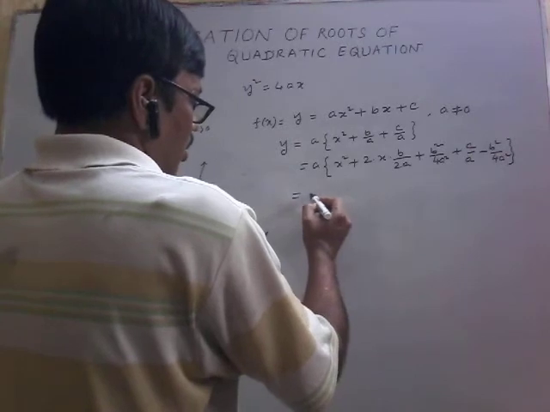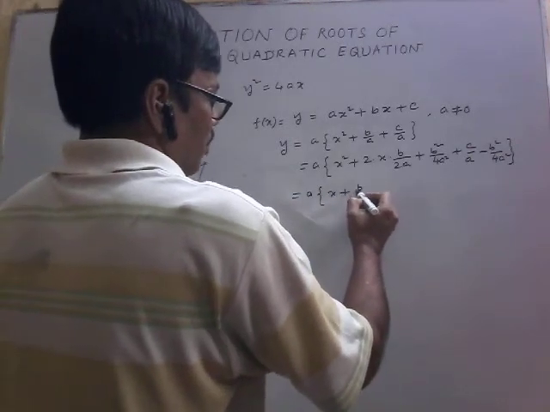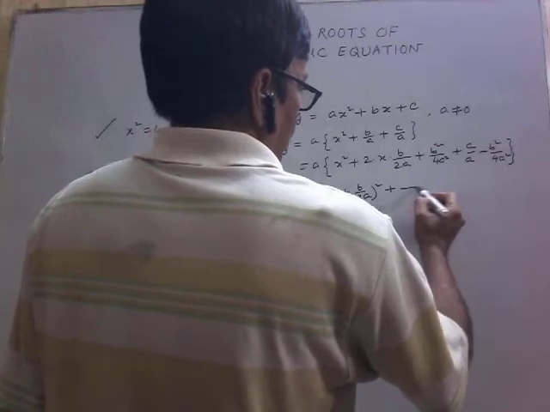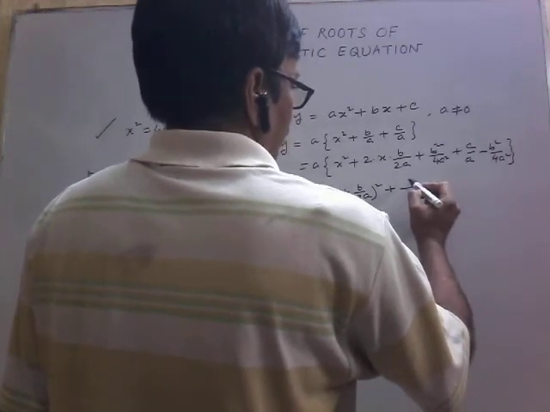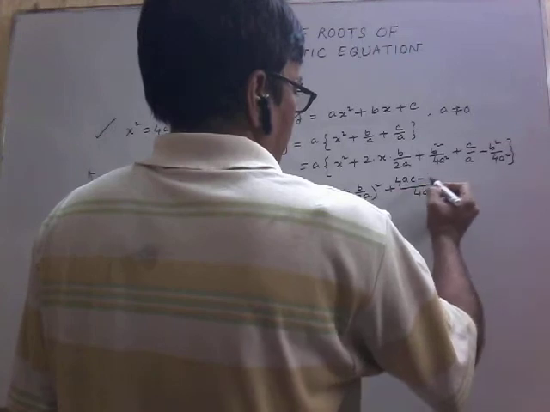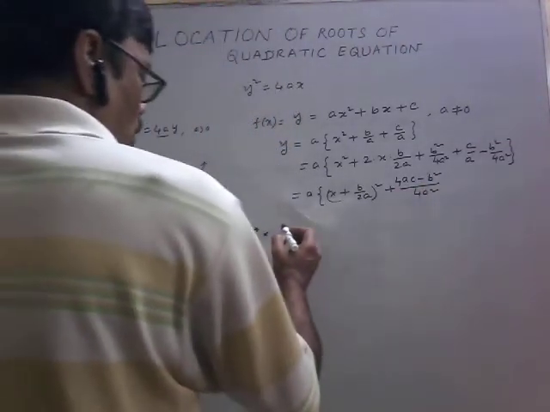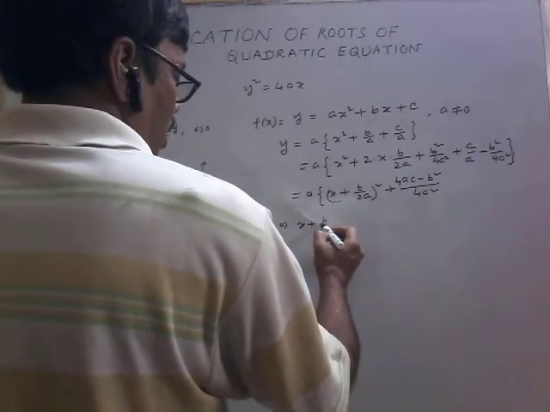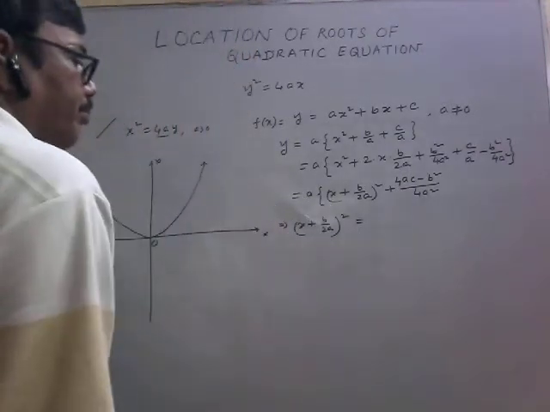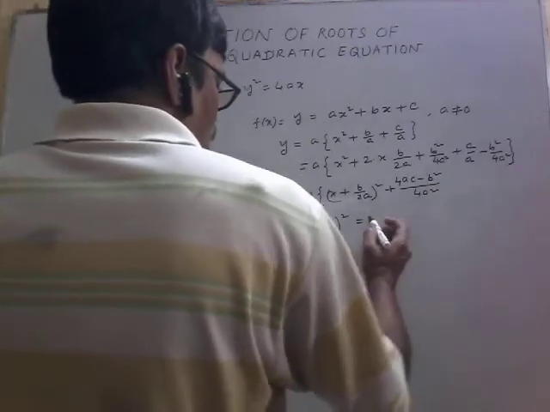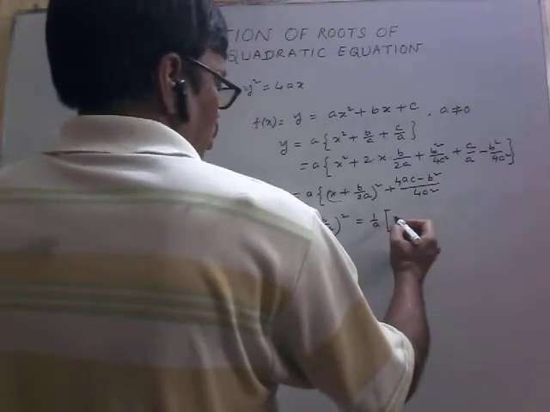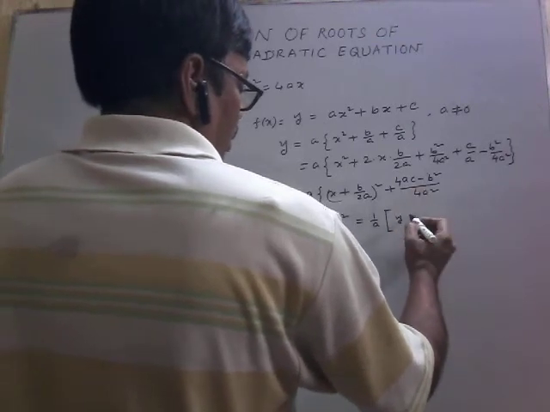So finally, a into (x plus b by 2a) whole square plus, 4a square LCM, 4ac minus b square, or (x plus b by 2a) whole square equals one by a, then bracket y, this is minus.